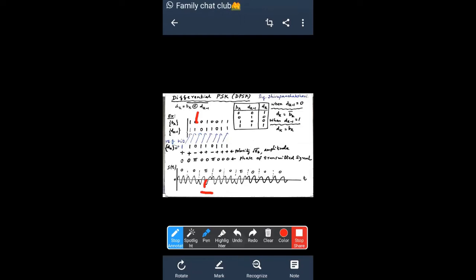It's an inverted sine wave. Next, the third bit is also 0. Again, the waveform is inverted. Observe these two waveforms. The first waveform is an inverted sine wave. The second waveform is an inversion of the previous.